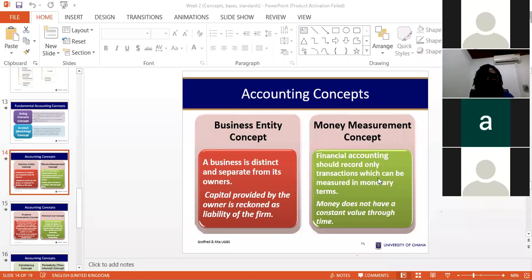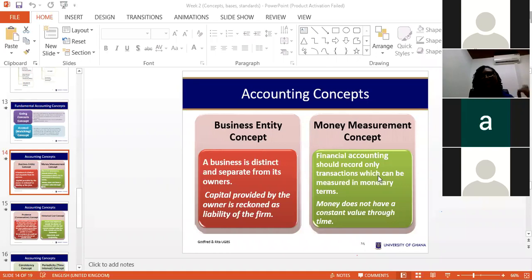But we are mindful that money does not have a constant value. So when I joined my organization, as a graduate, I was earning maybe 1,000 cedis. Today, if you finish and you are a graduate, you will not earn 1,000. The going rate may be 2,000. It is because money does not have a constant value and changes over time.